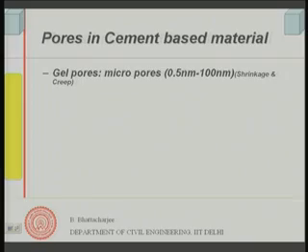So, if you look into the pores in cement based materials including concrete, first thing we have seen is gel pores, which are very small pores, which are part of gel structure. This we mentioned in connection with hydration. So, gel pores are 0.5 nanometer to 100 nanometers, and these pores are not directly responsible for strength because they are too small to affect the strength.